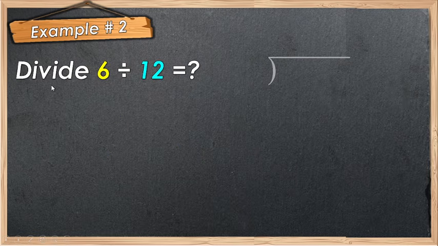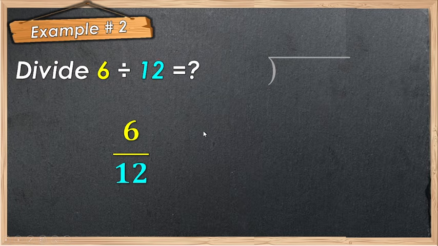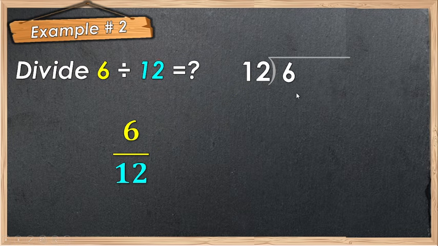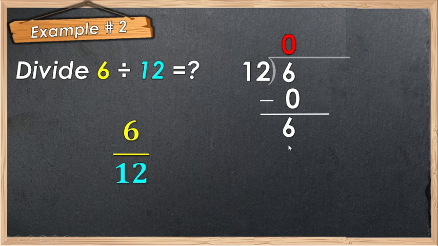Next, we have 6 divided by 12. How can we divide 6 by 12? Again, we rewrite this in fractional form, or place the digit 6 inside the long division bar and 12 outside, and then perform the division. 6 divided by 12 cannot be, that would be 0. Then 0 times 12 is 0. 6 minus 0 is 6.